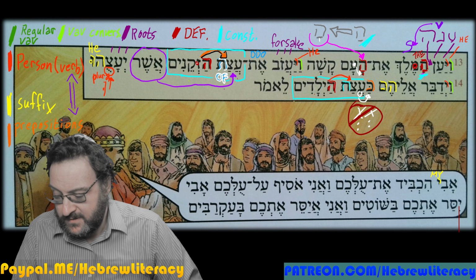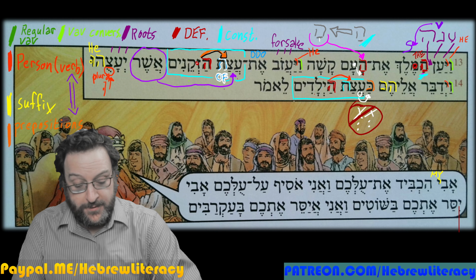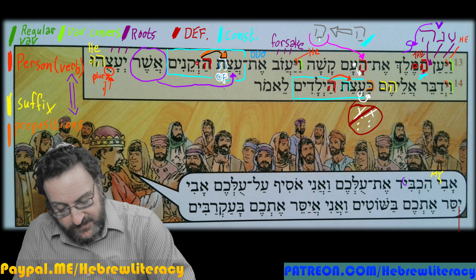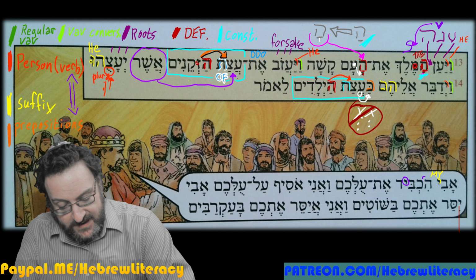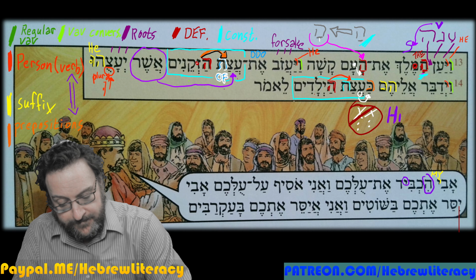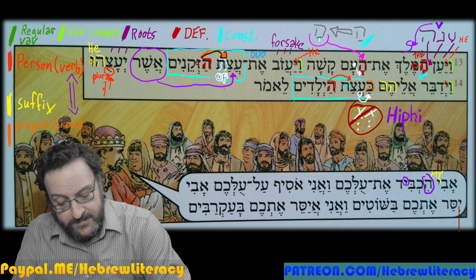Okay, let's just use purple. So here we have, and I'm just going to circle them, that and that. These are markers that are telling us that this is the hifil verbal form or binyan.